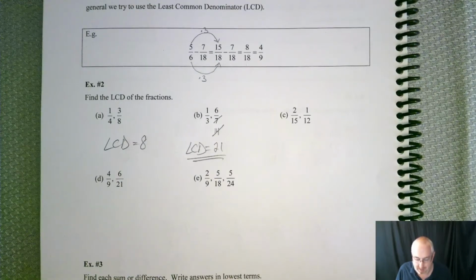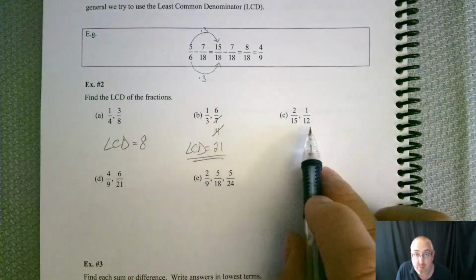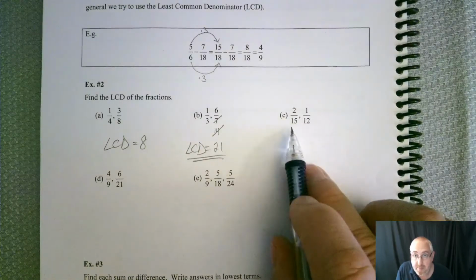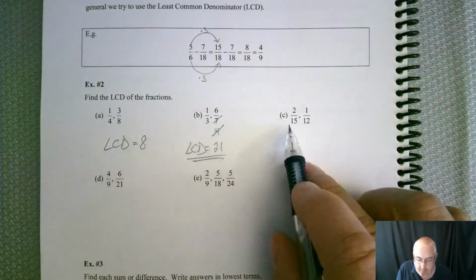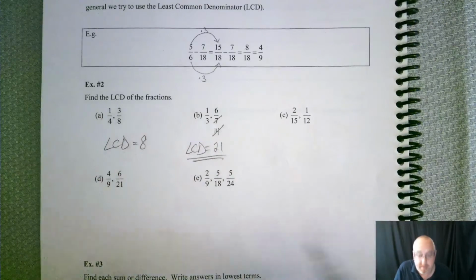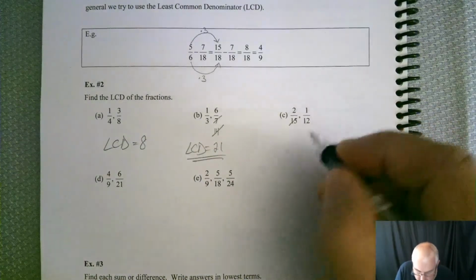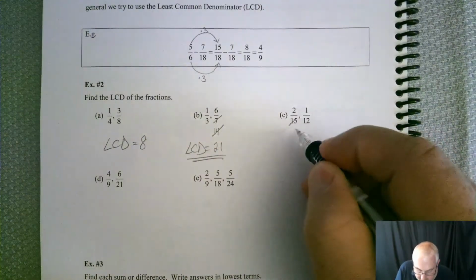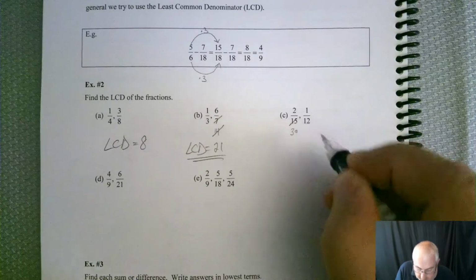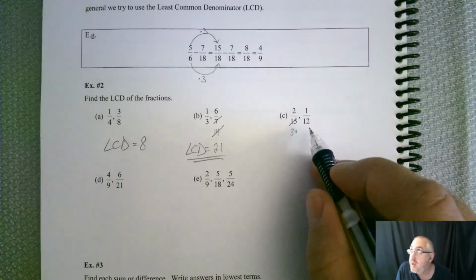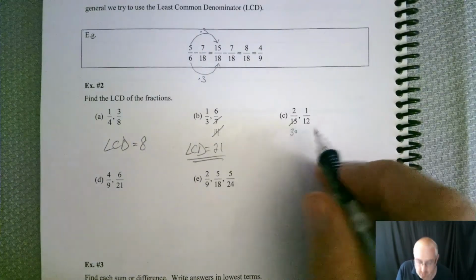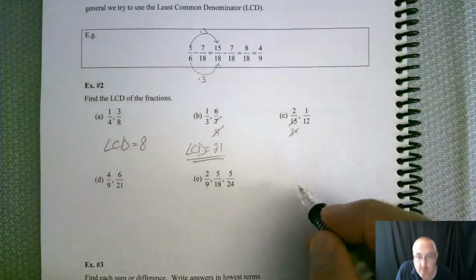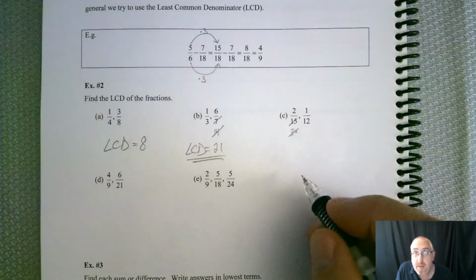It's a little quirky of a process, but it always works. Let's look at the next one. 12 and 15. Well, 12 doesn't go into 15, so let's take multiples of the 15. The next multiple of 15 is 30. Does 12 go into 30 evenly? Nope, no good on that. What's the next multiple after 30?